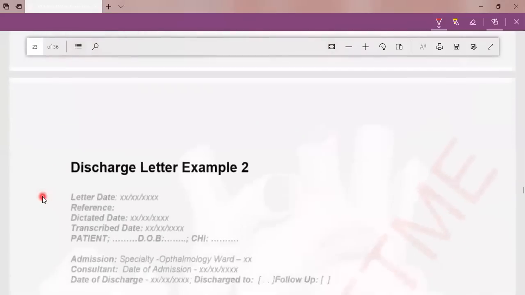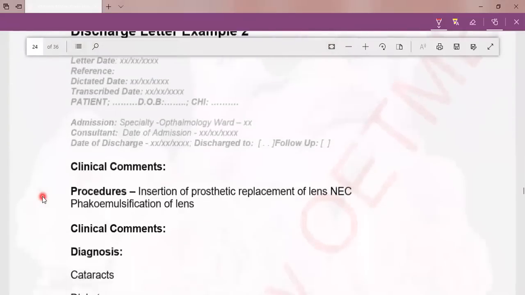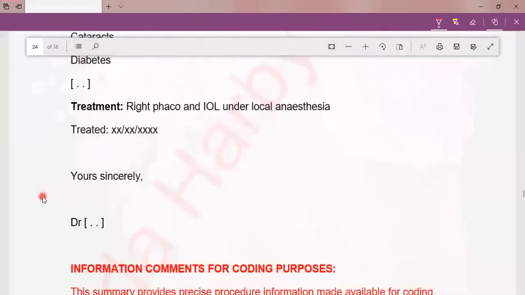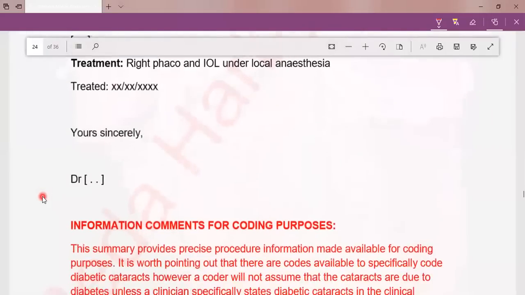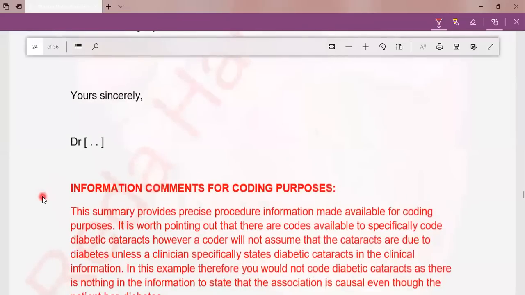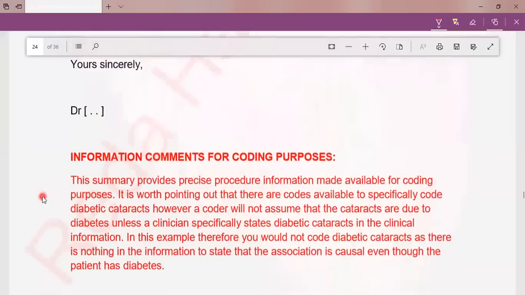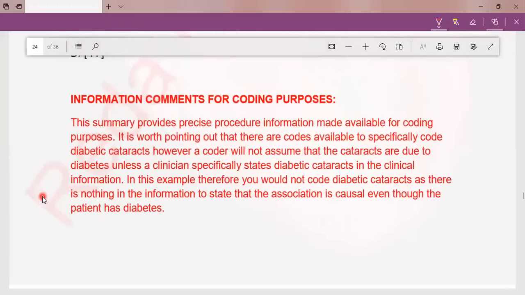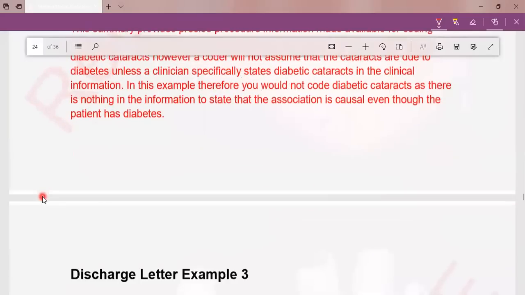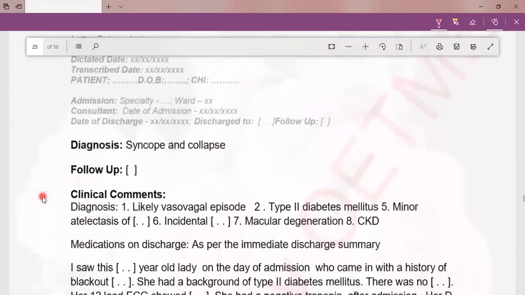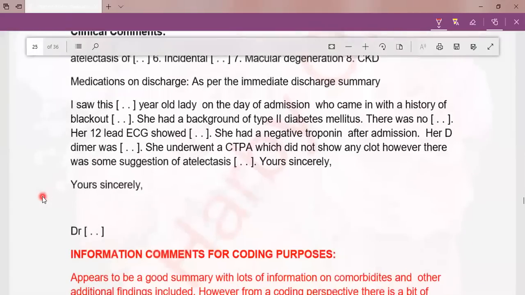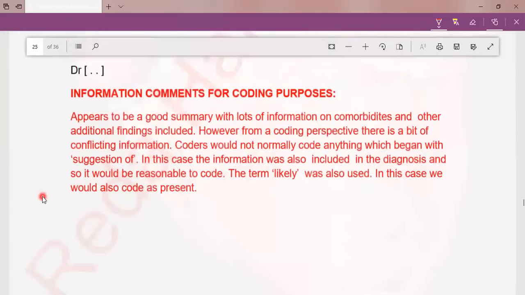But this is very concise here. Don't go for that. Please be, as I said, you will go for admission: why the patient is admitted, what was done during the first hospital admission, and why you are discharging him, for which purpose you are discharging him. So admission details are very vital. Admission details include what?